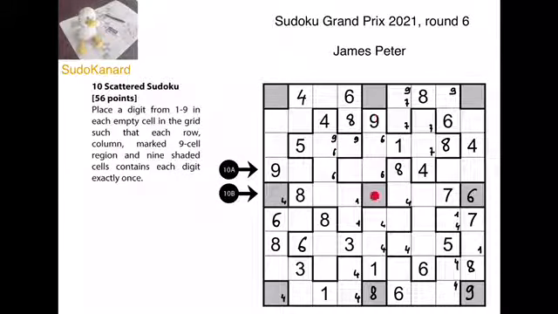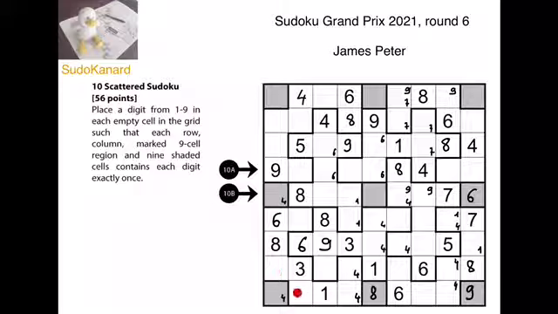We know it's not here, so it must be in one of those two cells. And this should impact this row, because 9 can't be here, it's not here, it's not here, it must be there. And it bounces back to these pencil marks, putting a 9 into this cell.